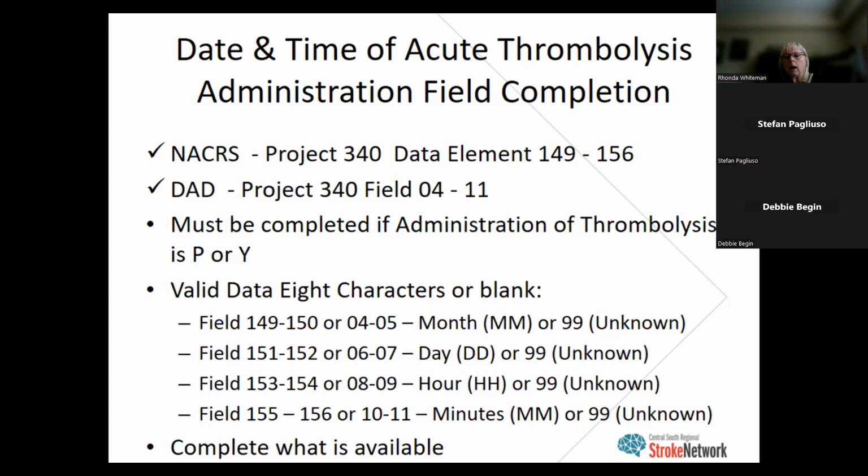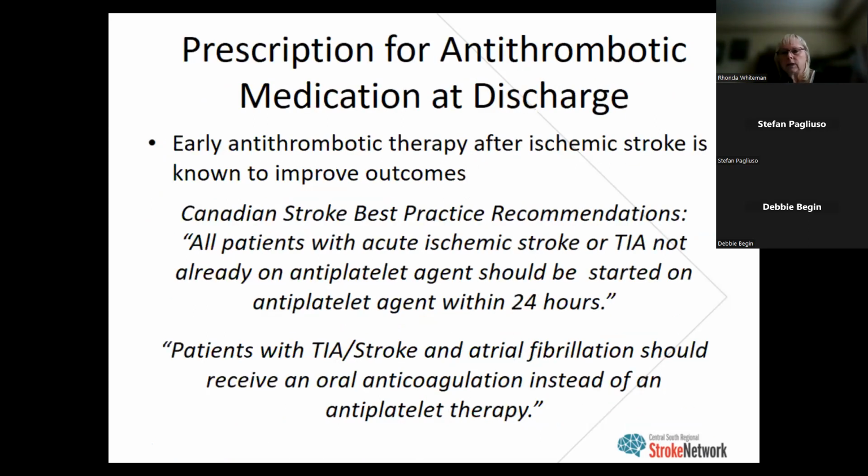When we look at prescription for antithrombotic at discharge, what we know is that early antithrombotic therapy after ischemic stroke in the first few weeks significantly reduces the risk of early recurrent stroke.